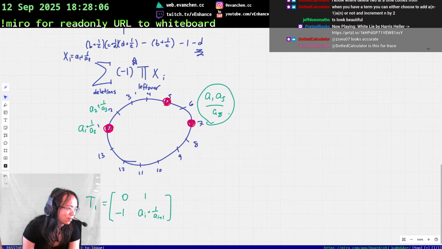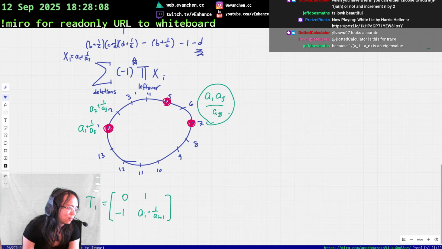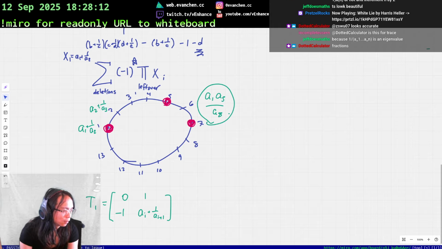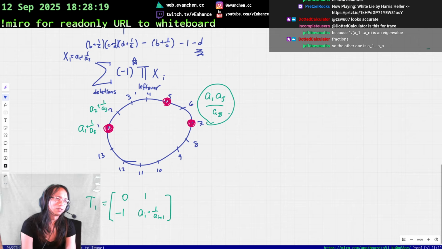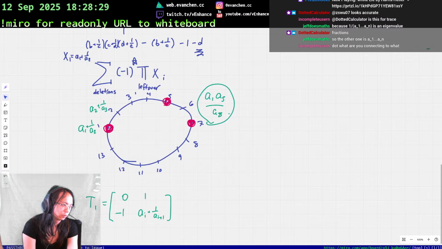No, I think that's the combinatorial thing. Wait, but if I stack a bunch of these operators, the trace is not the... What's the relation between the trace of the entire product and the trace of the individual things?